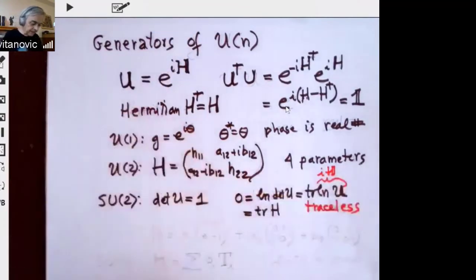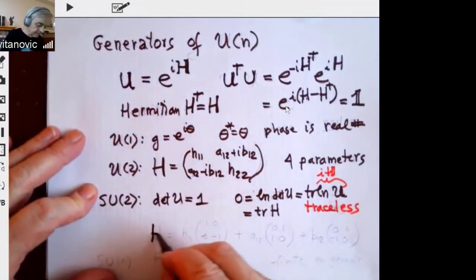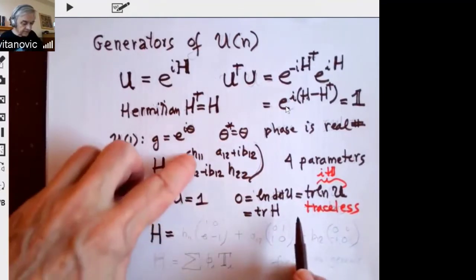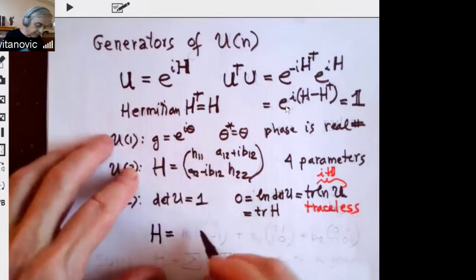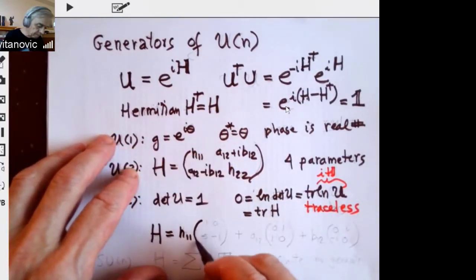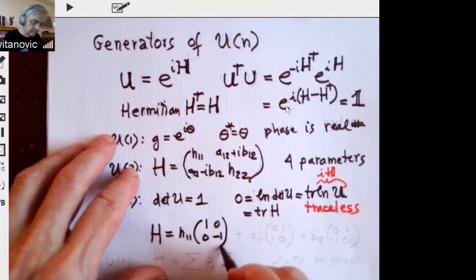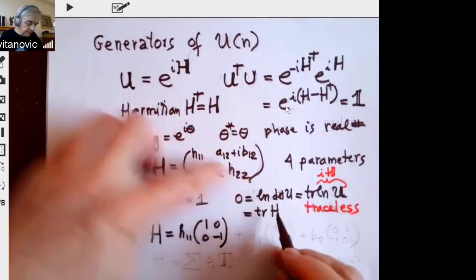Now look at this, and I can write out explicitly a very convenient formula. It says these two guys have to add up to 0, so this one is the negative of this one. So I can write this as h11 times (1, 0, 0, -1). So that's this part.